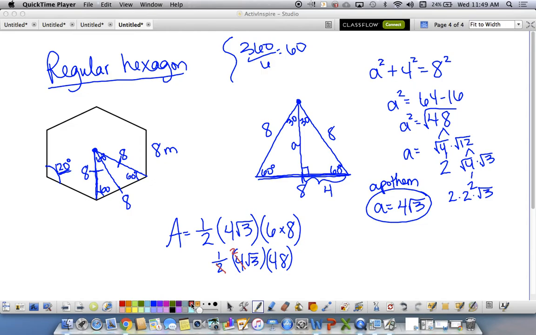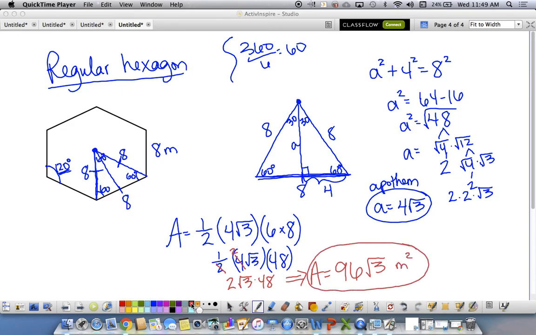So now I have 2 times the square root of 3 times 48. What's 2 times 48? My area is simply 96 times the square root of 3 meters squared. That would be my area, and you were not given the apothem. You had to find it.